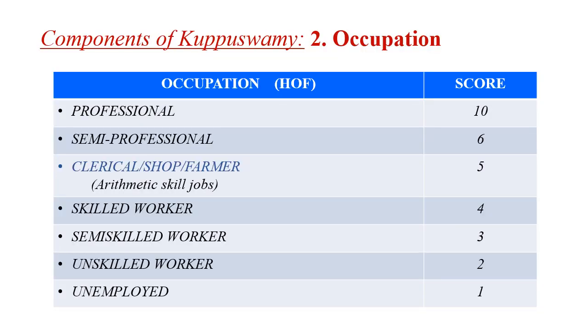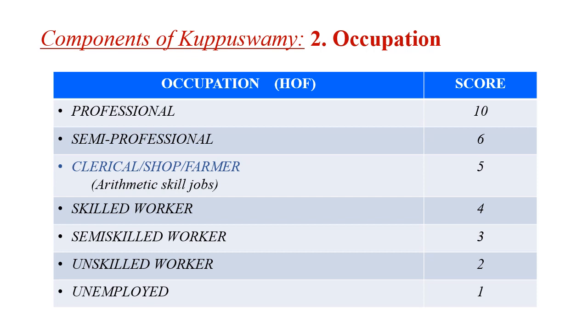Now the second component is occupation. It will also be of the head of the family. So these are the different categories: professional, semi-professional, clerical, shop owner, and farmer. In the recent edition, it was advised to rename this category as arithmetic skill job.